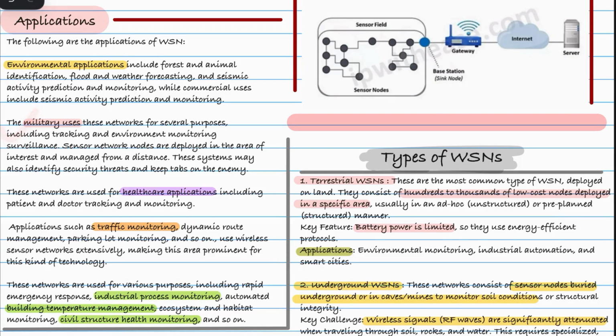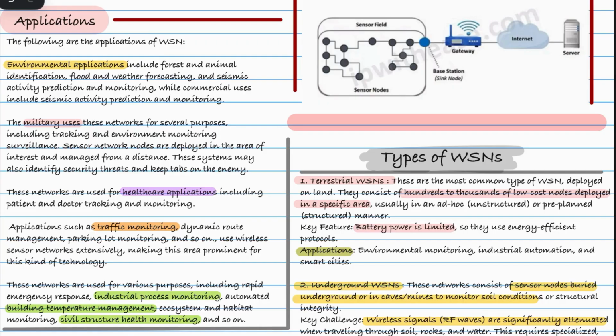It has a wide use in the military as well, to track and monitor the environment, for surveillance, and sensor networks are deployed in areas with a very high risk of security threats. And if we want to keep a tab on the enemies, if there is any particular movement which needs to be monitored, then WSN is used. It is also used in healthcare applications like patient and doctor tracking and monitoring.